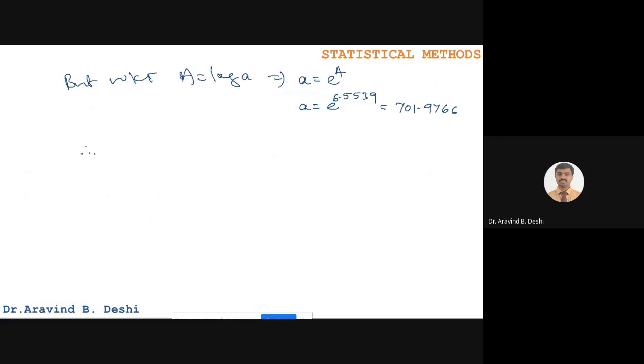Therefore, the given curve is small v equal to 701.9766 into t to the power b, where b is the negative value, minus 0.1709.